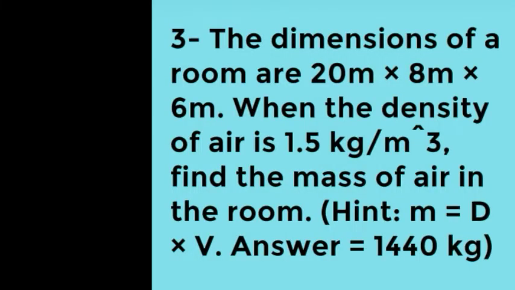Now the next one: the dimensions of a room are 20 meter into 8 meter into 6 meter. When the density of air is 1.5 kilogram per cubic meter, find the mass of air in the room. Now what is given here? Density of air is given, which is 1.5 kilogram per cubic meter, and dimensions of a room are given, which are 20 meter into 8 meter into 6 meter.